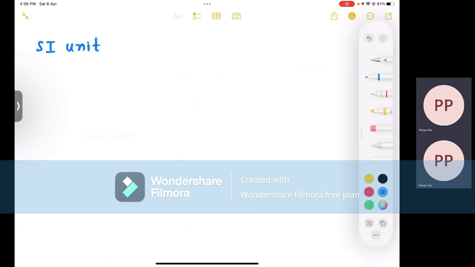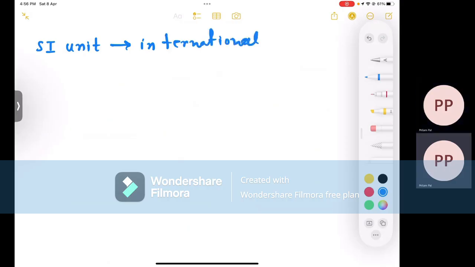SI unit is basically the International System of Measurements, right?